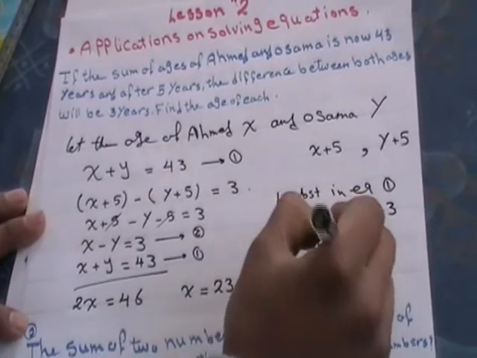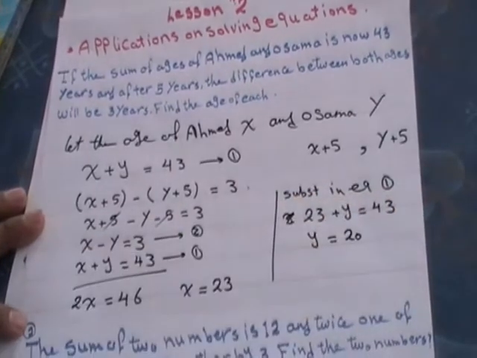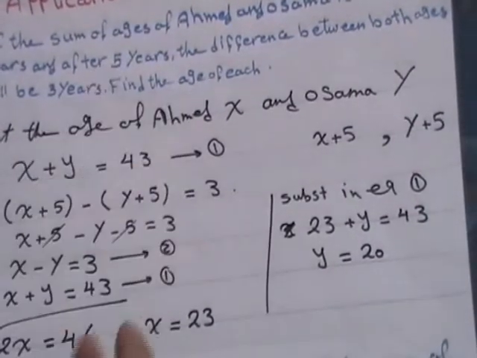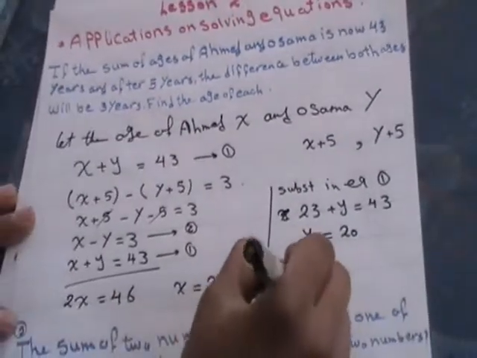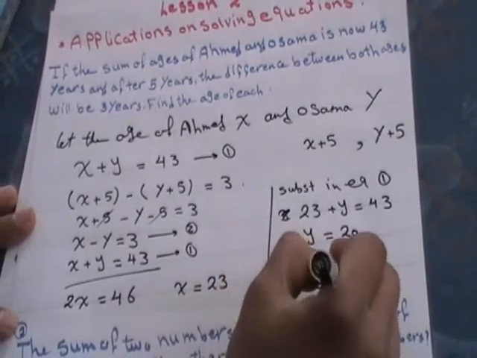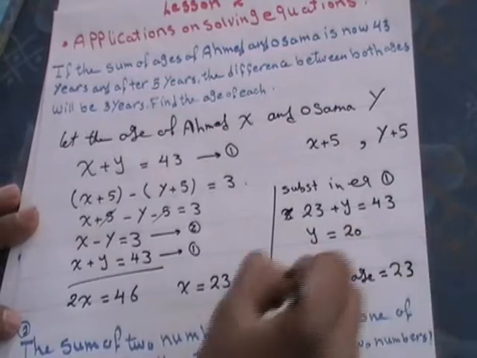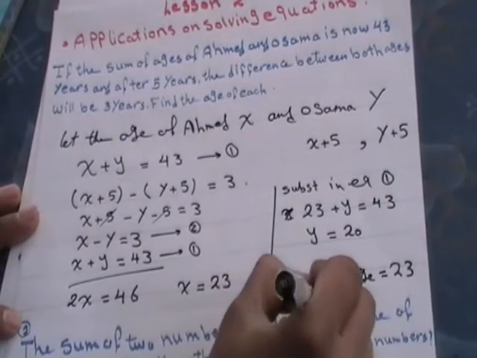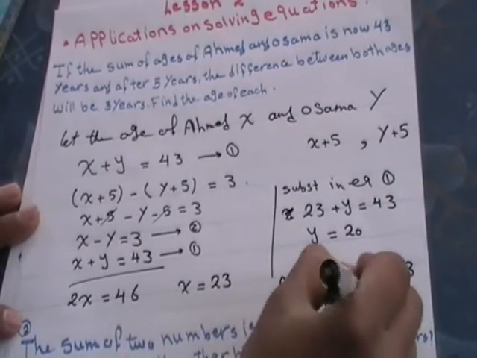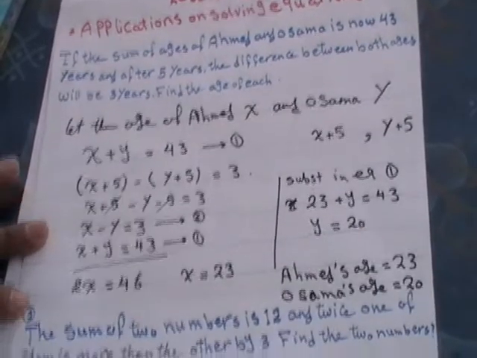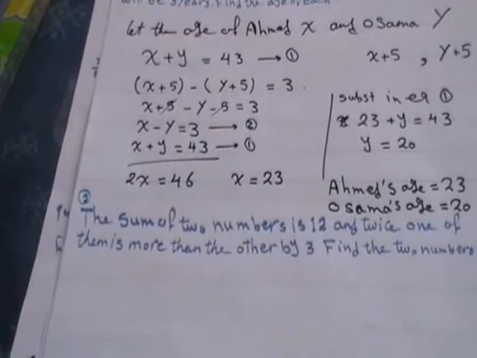So you will have y equals 20. So you can say that the age of Ahmed is x, and Ahmed's age is 23 and Osama's age is 20 years old. Okay, let's move to another example.